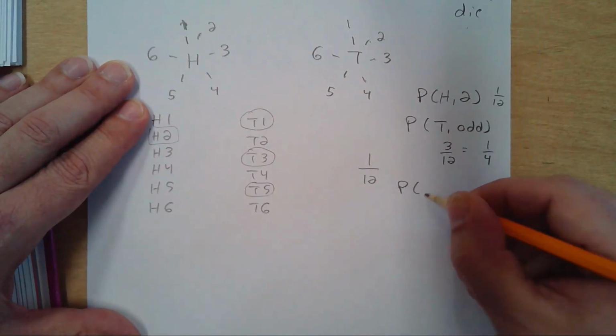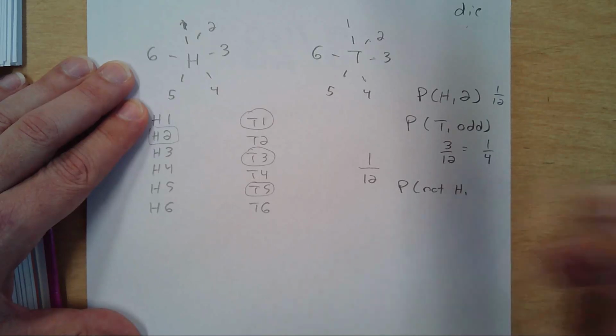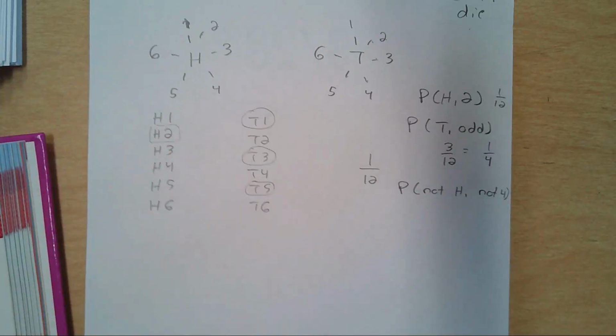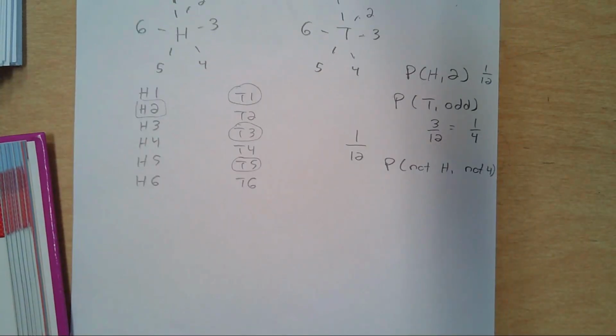What if I said the probability of not heads, not 4? What's the probability of not heads, not 4? 5/12. What do we all think?